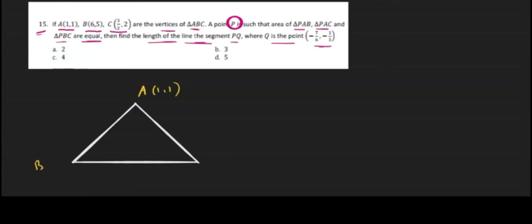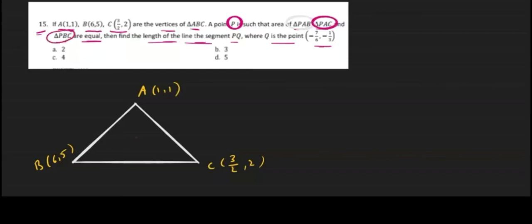Let me draw a triangle to explain this. For example, this is triangle ABC. This is the vertex A, take it like this (1, 1), this is vertex B (6, 5), and this will be the vertex C (3 by 2, 2) as given. He has clearly said the areas of triangles PAB, PBC and PCA are equal.